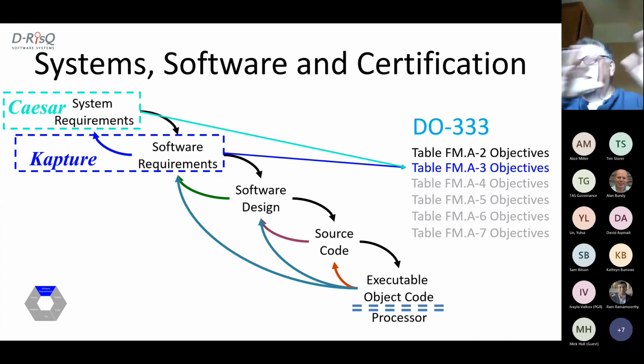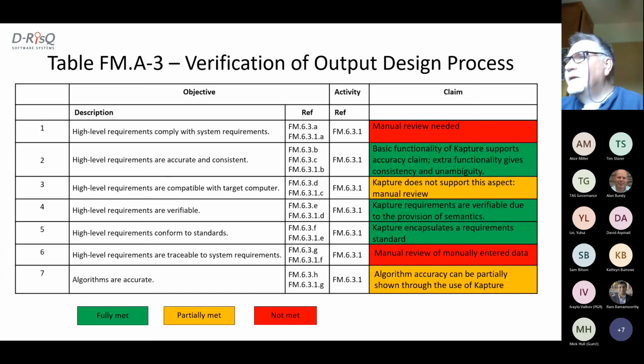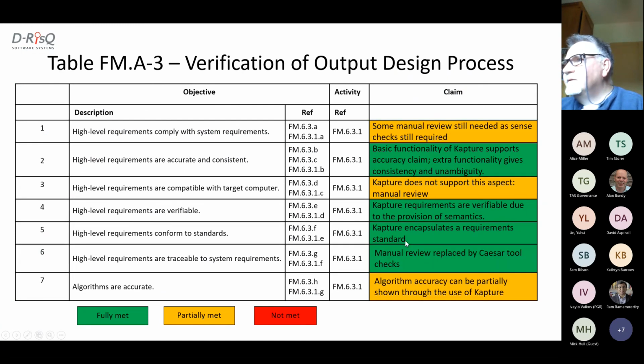Yeah, the software requirements actually do satisfy this system requirement, and we haven't missed any. So at the moment, this is where the manual review is needed. We hope that with the introduction of Caesar, some manual review will still be needed as sense checks are required, but it will alleviate some of the effort there.